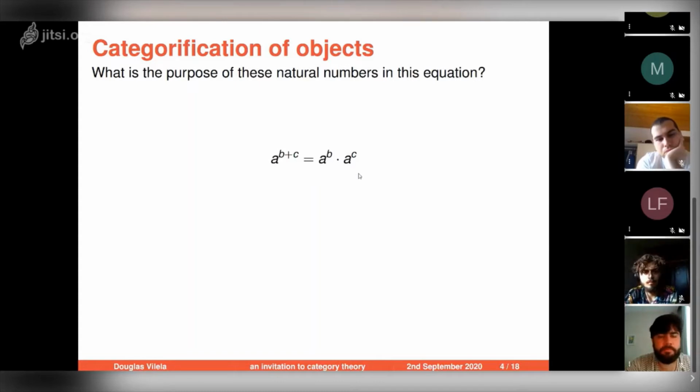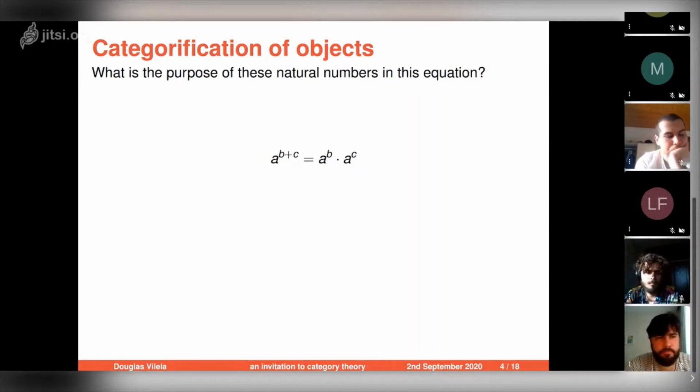So for this abstraction to make any sense, we need to think first about what is the purpose of these elements in this equation. For example, we have some operations here, and some elements, in this case, the natural numbers.